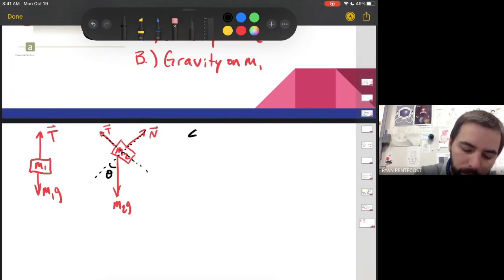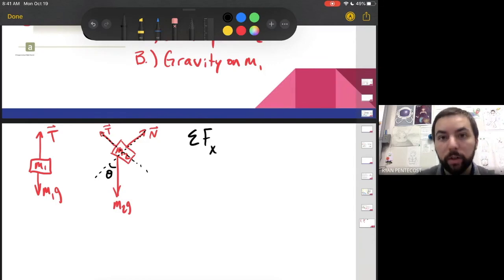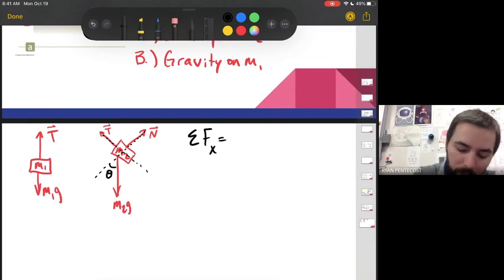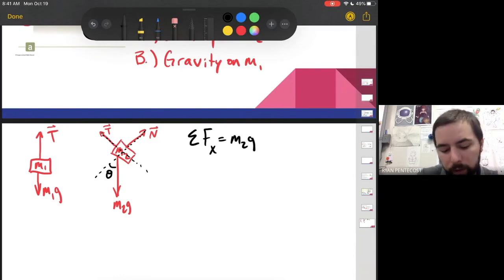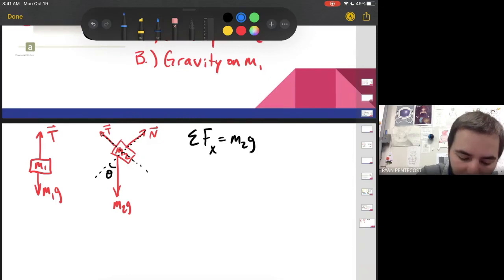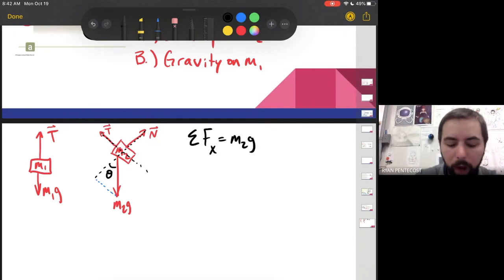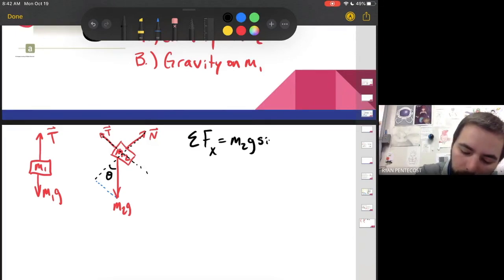If we do the summation of forces in the x, which is where the acceleration is on this tilted axis, then we have M2G, but we want the x component, so that would be this right here. That would be opposite of theta, so M2G sine theta minus the tension force would give you M2 times the acceleration.